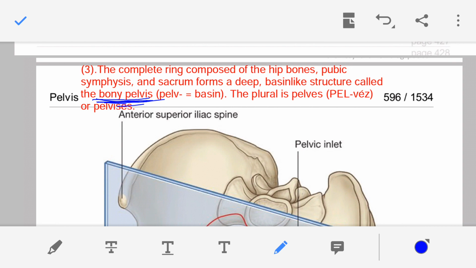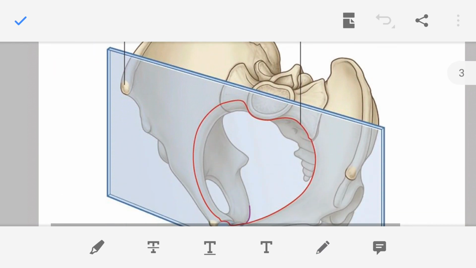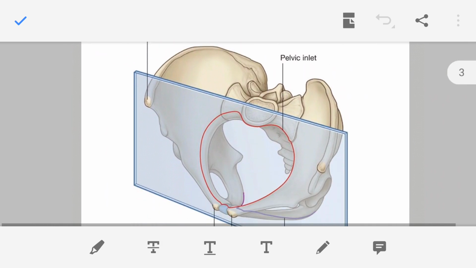As you can see, the bony pelvis is made up of the hip bones, pubic symphysis and sacrum. Once again, hip bones, pubic symphysis and sacrum join together and form a basin-like structure.